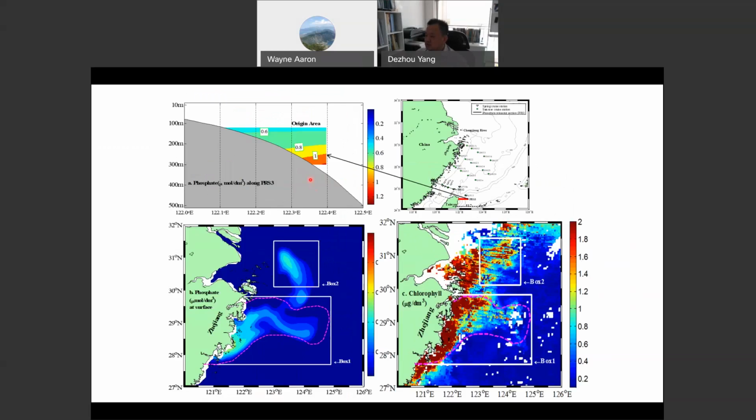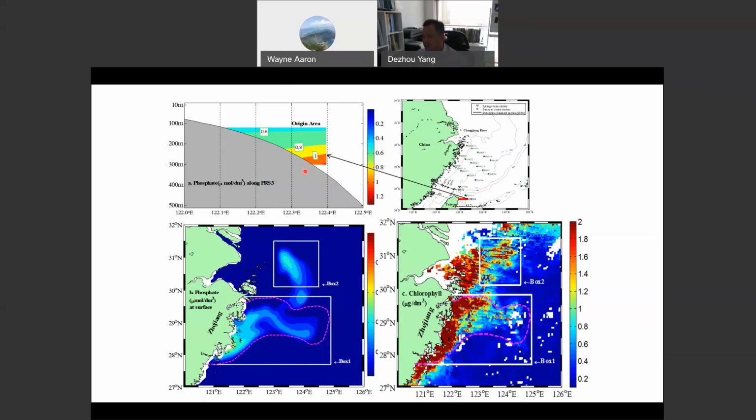To compare the significant contribution from the Kuroshio current, we only release the phosphate at the sea surface, at the subsurface water. It means only the phosphate concentration is retained.